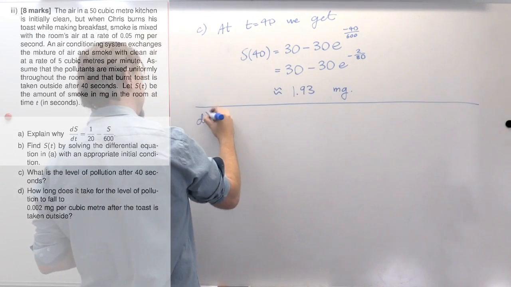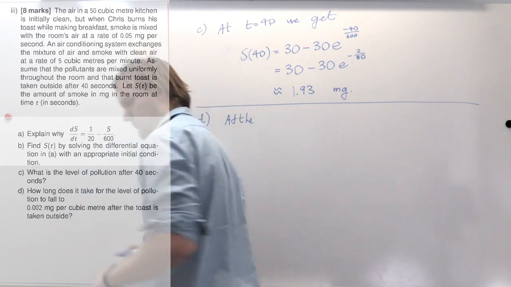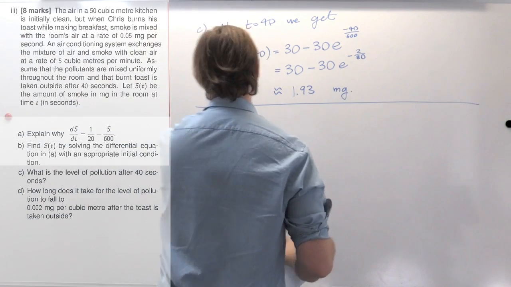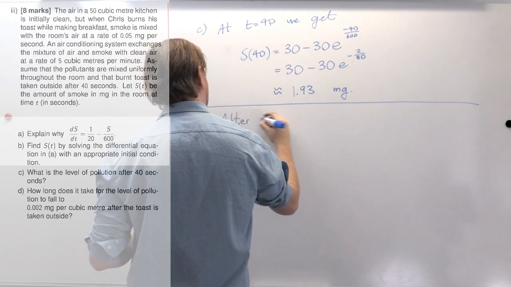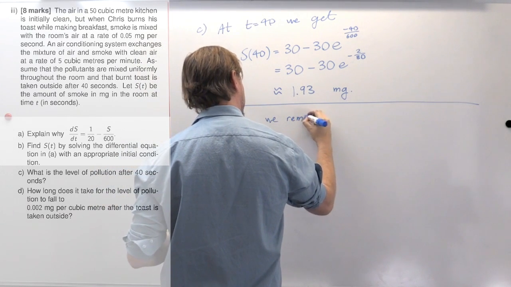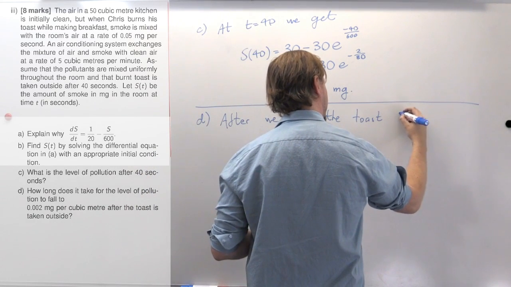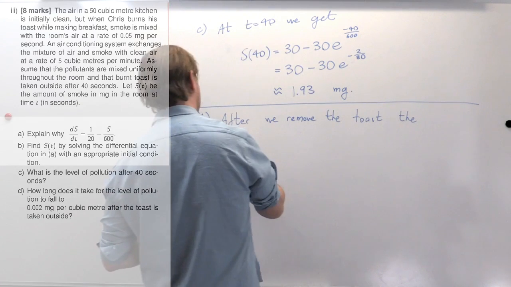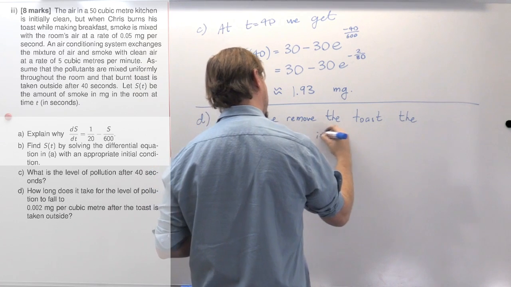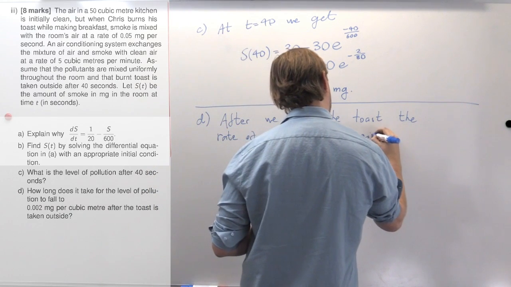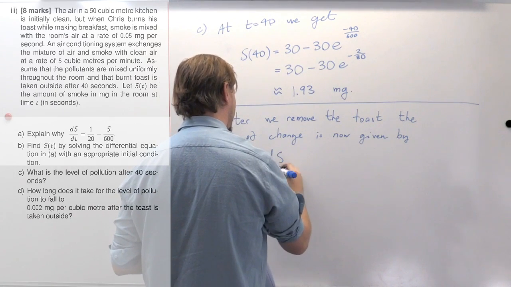So for part D, after we remove the toast, the rate of change is now given by, well, the rate of change in the smoke level with time.